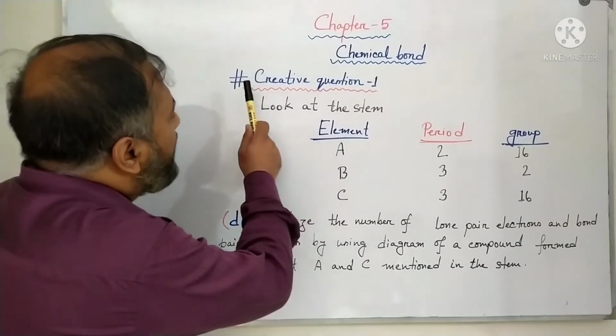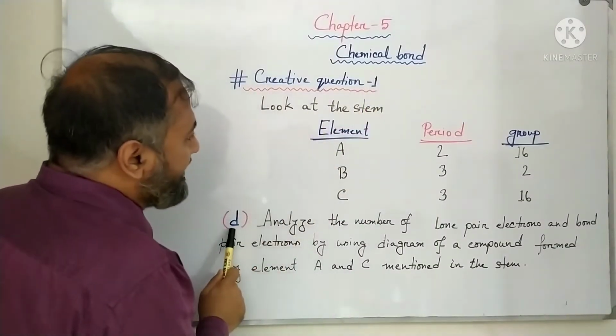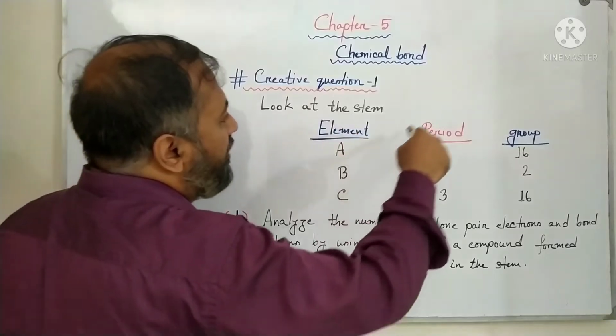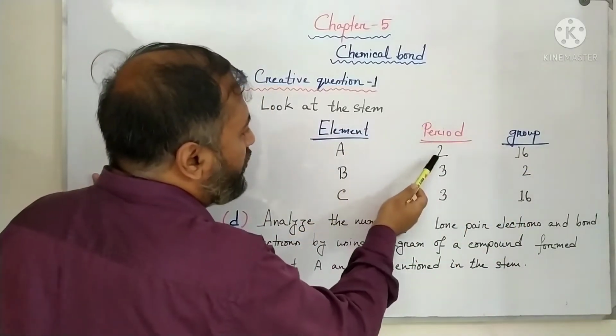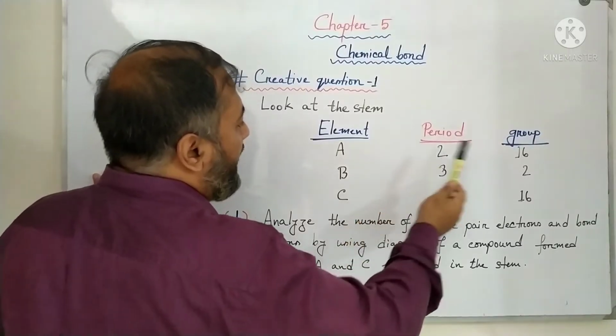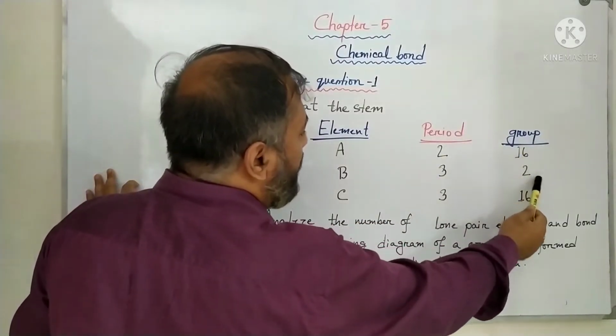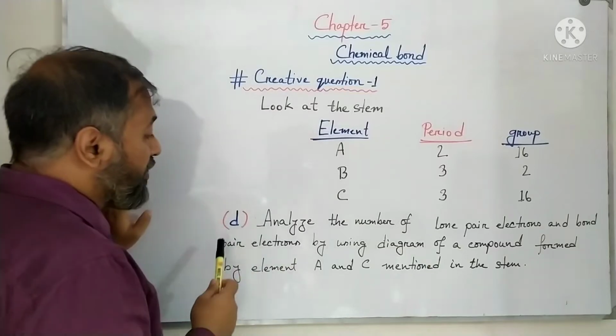Now students, come to the creative question 1D. You can see three vertical rows are provided here. Element A, B, C, period 2, 3 and 3, and group 16, 2 and 16. Now come to the question.